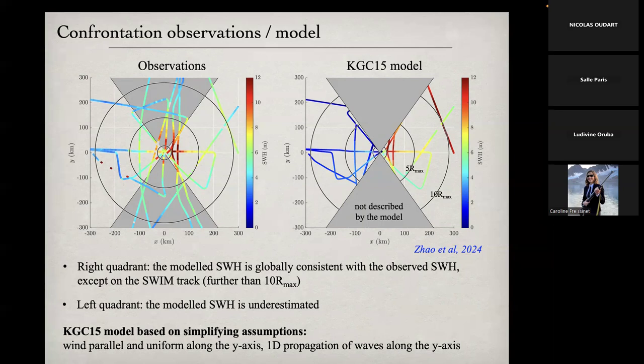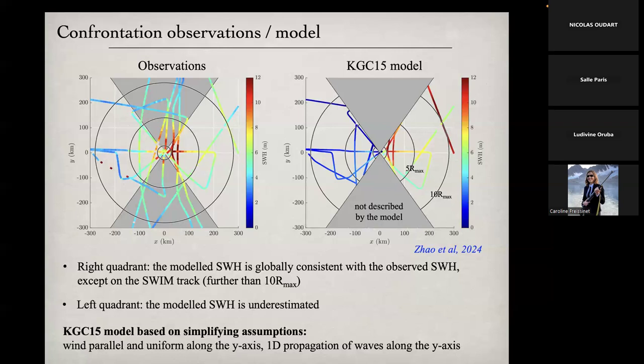The first observation we can make is that the model is quite good, in particular in the right quadrants of the cyclone, except on this red track here, which is quite far from the center, which could be a reason why it does not work as well.